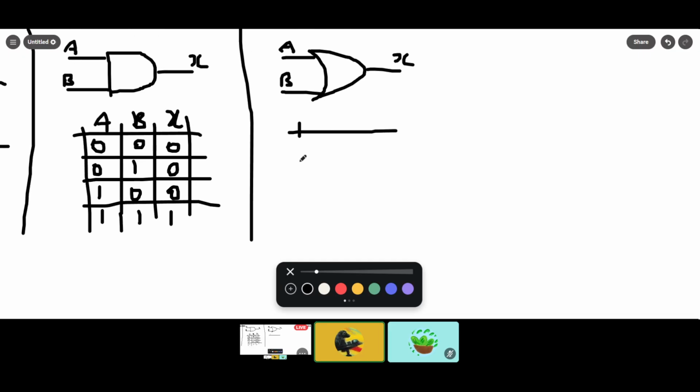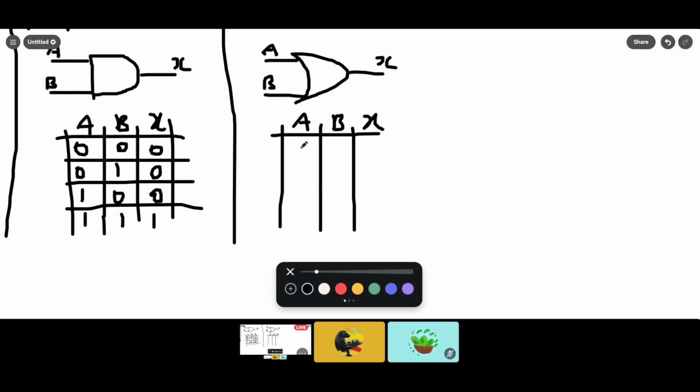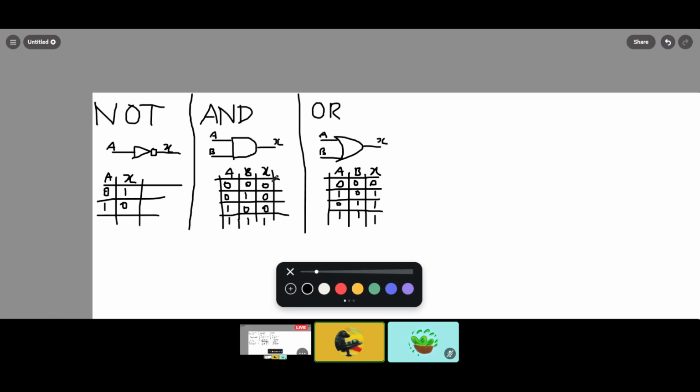The OR gate's behavior looks like this: as long as one of the inputs is 1, the output will be 1. And those are the 3 basic logic gates.